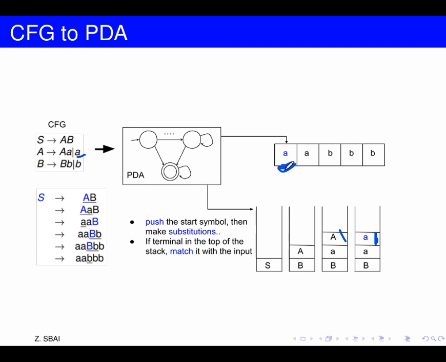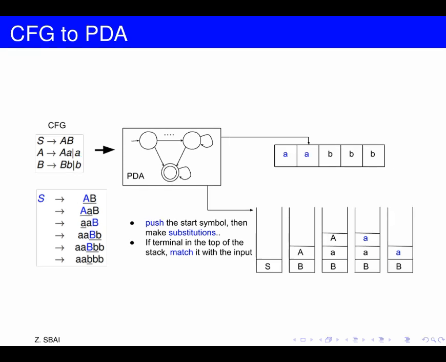If we have a in the input and the symbol a on top of the stack, we pop this small a from the stack and advance the reading of the input. Again, we have the symbol a in the input and a on top of the stack, so we match and go to the next symbol.